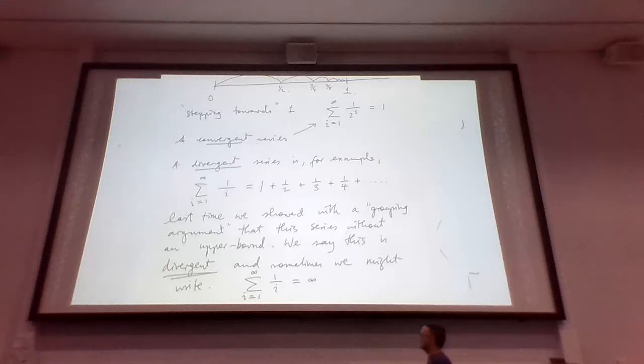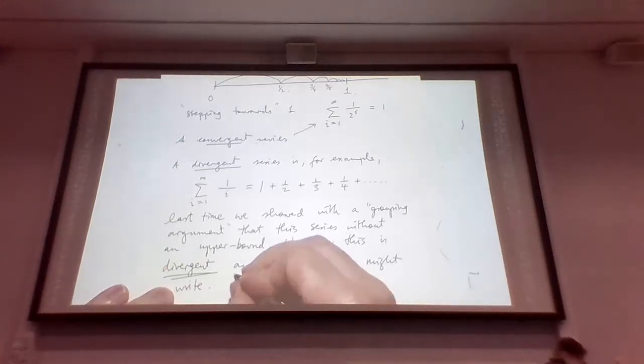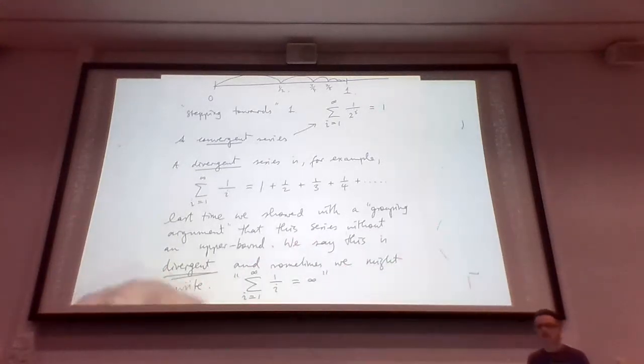Be very careful about treating infinity as just a number, like other numbers, but it's not unreasonable to write that kind of thing. But for the moment, you should just understand an equation like that is just a shorthand way of saying that this series increases without any upper bound. It doesn't have a finite value.